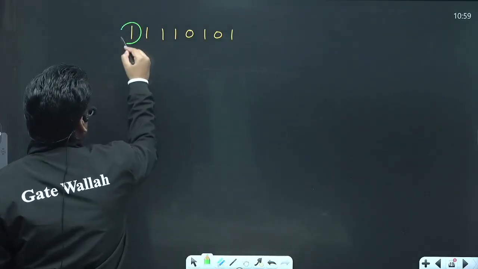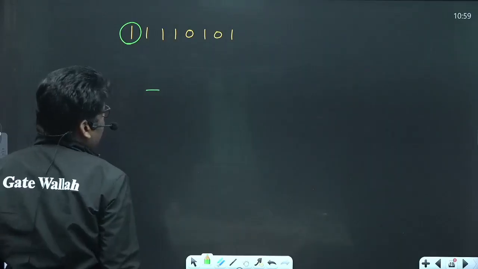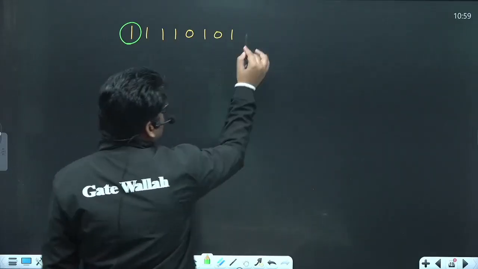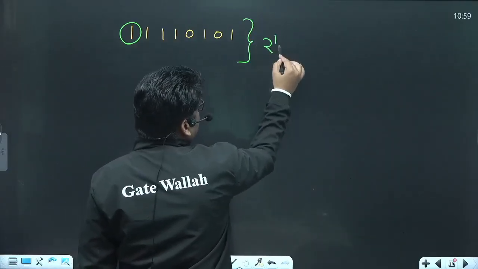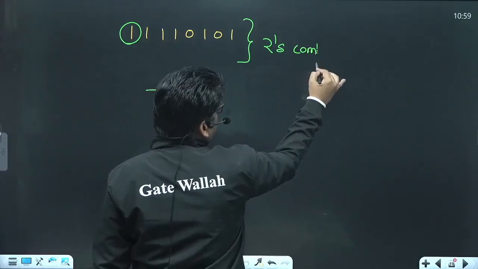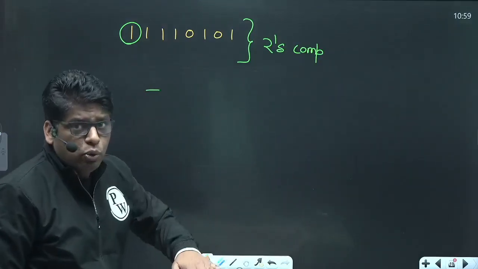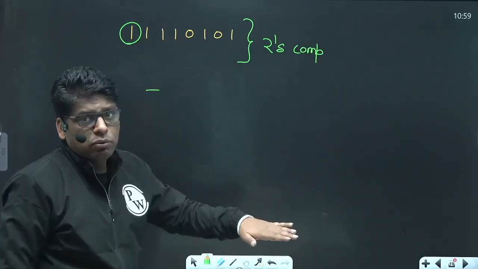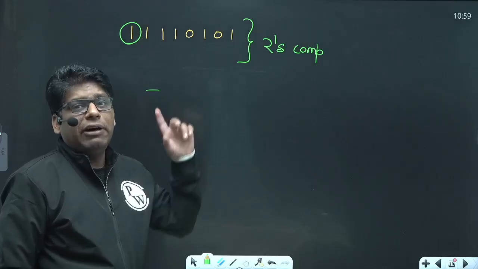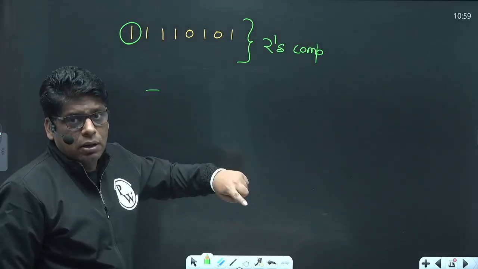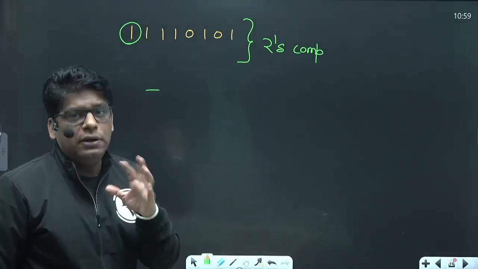The computer will see the MSB, put a negative sign, and understand that this must be written in 2's complementation. In order to find the value, what can we do? Either find the 2's complementation again, or use the direct method I provided.